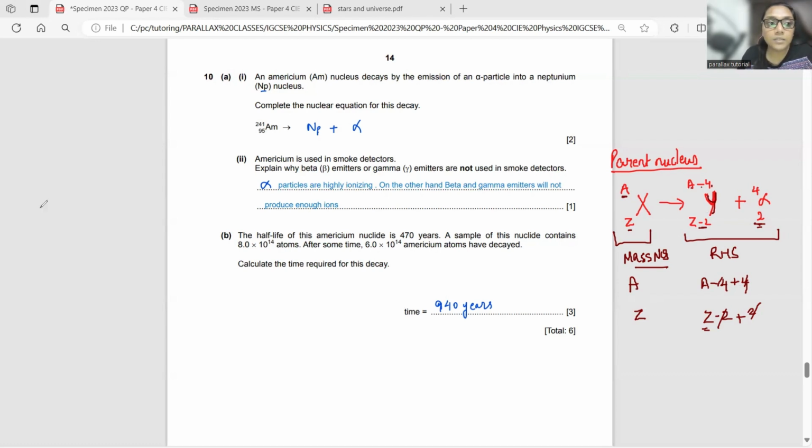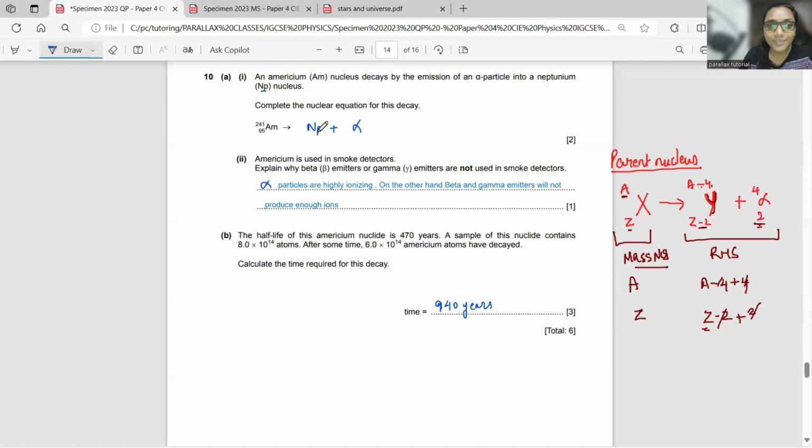Now, applying this rule, let's try to solve this. I have deliberately kept it empty so that I can solve it in the video, right? So we have 241 as the mass number of americium and 95 as the atomic number. So it gives neptunium and an alpha particle.